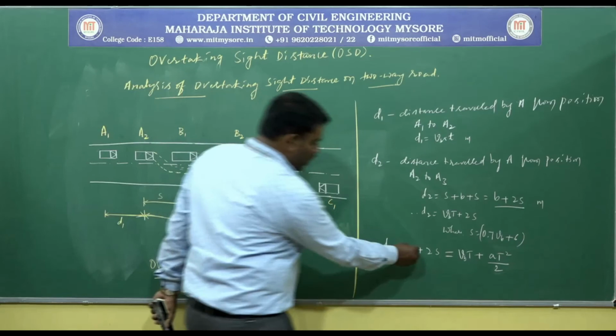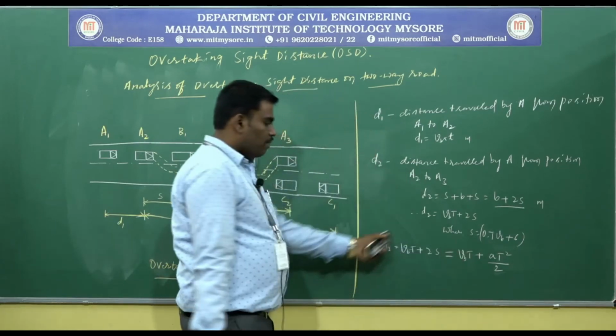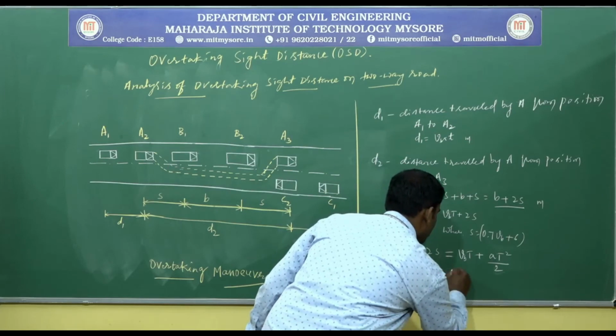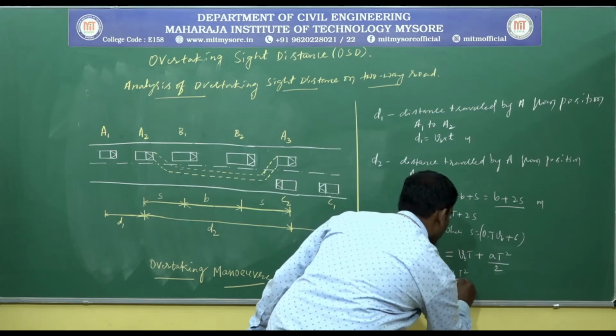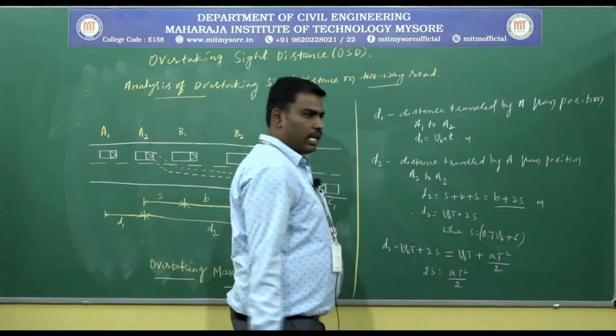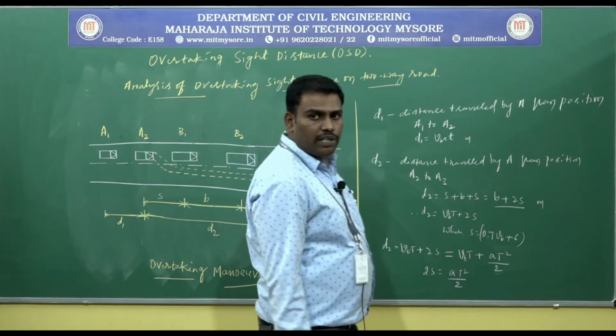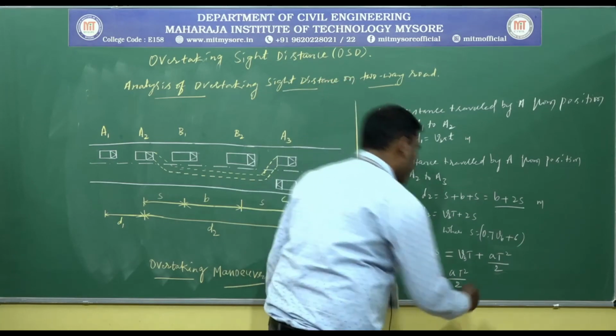Okay, in this Vb gets cancelled, then the remaining is 2s equal to half a t square. 2s is equal to a t square by 2. Then your t is equal to root of 4s by a.